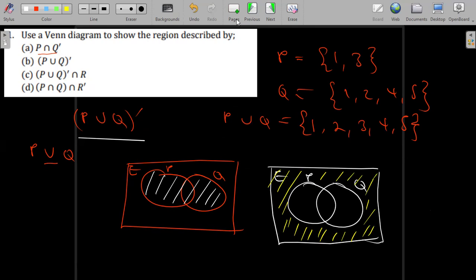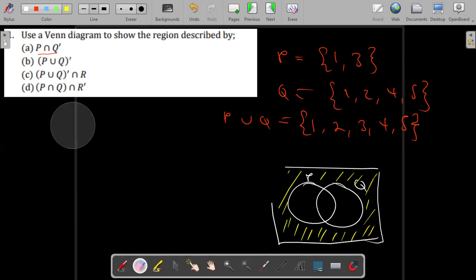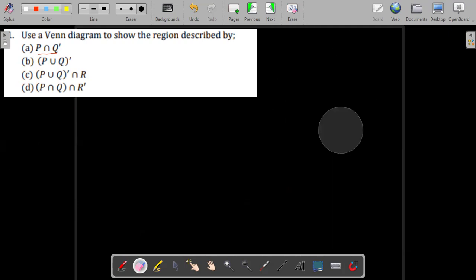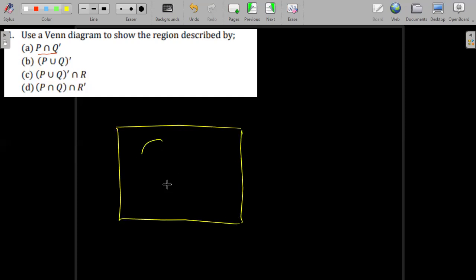Okay, so let's move on to part C. With part C, we're doing a similar thing, but now we see that a third set is introduced, which is R. So if I'm drawing my Venn diagram, I'm having it like this, and I'm going to have 1, 2, and 3 there.